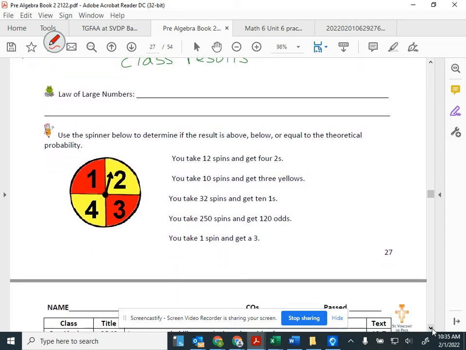So the law of large numbers says the more time you do something, the closer experimental probability gets to the theoretical probability.